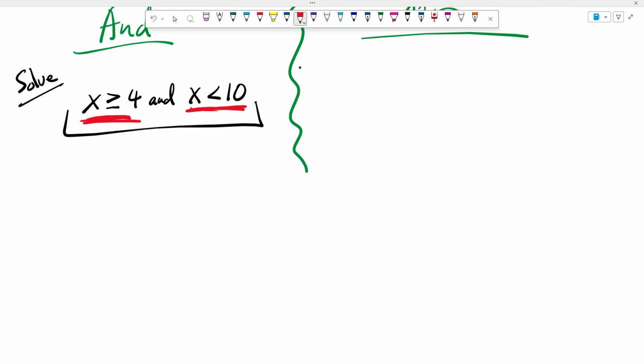So these are already solved for x. All the solutions to x greater than or equal to 4 are all of these numbers, correct?